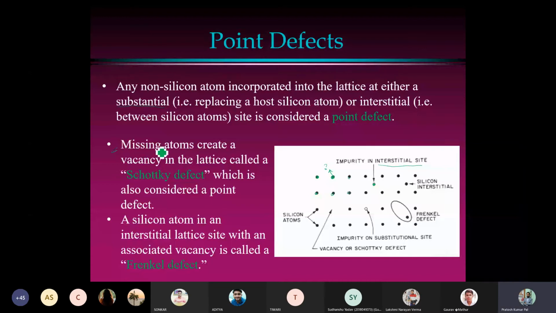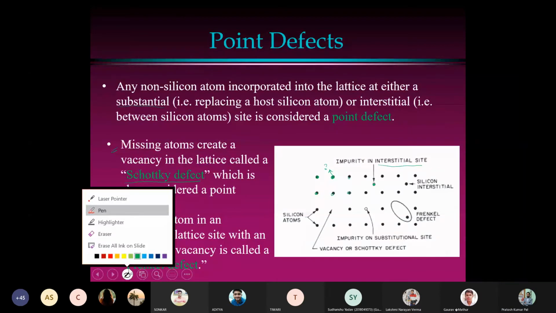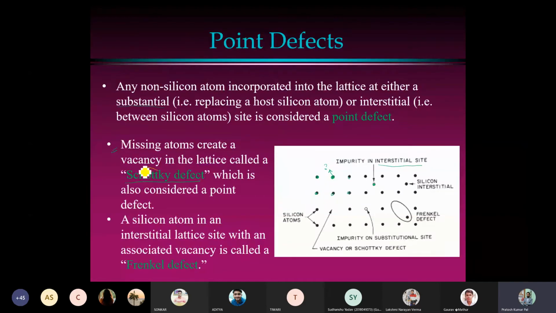Also, another type of point defect is the Schottky defect. In the case of a Schottky defect, the missing atoms create a vacancy in the lattice, which is also considered a point defect.